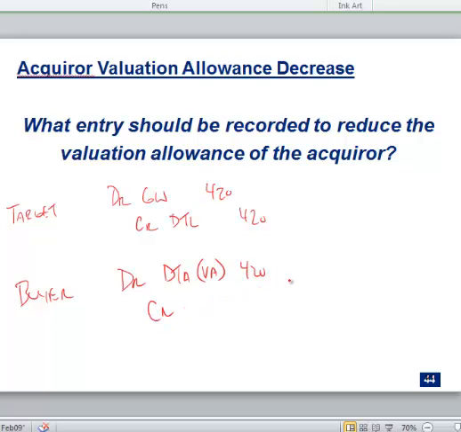And then we need to credit something. So here's the funny thing. We credit provision. So net, right, the DTL and the DTA entry is offset. So really all you have is a large debit to goodwill and a large credit to provision.